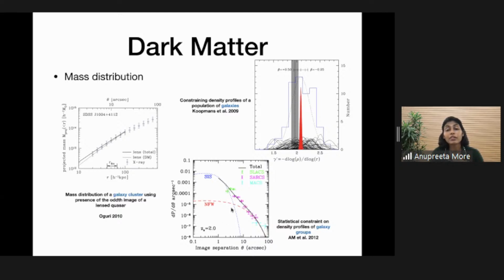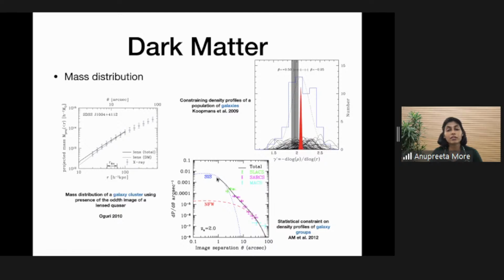So in this case, we are going to much more massive scale. So instead of galaxies, we are looking at groups of galaxies which are acting as lenses. And here the magenta points are coming from the data where we have measured the Einstein radii of a population of group scale lenses, and we are comparing them to different model predictions.